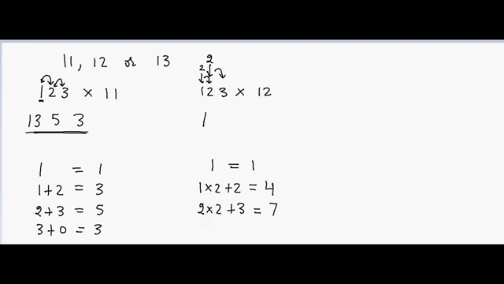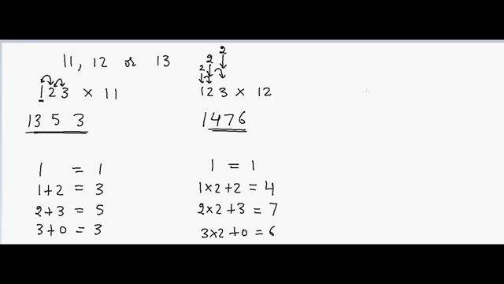And then for the last digit, I'll multiply the last digit by 2. So 3 into 2 plus 0, that will be equal to 6. So the answer will be equal to 1476. So basically I am multiplying each digit by 2 and then adding the next digit into it.